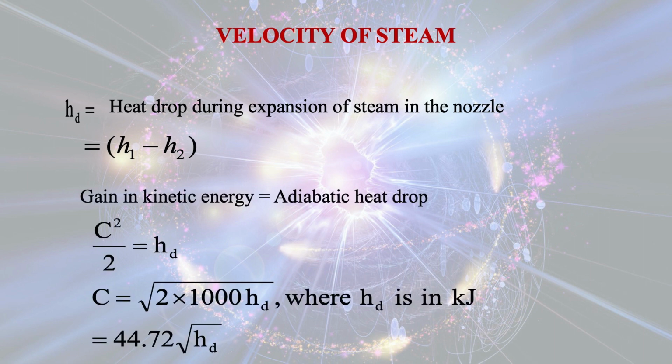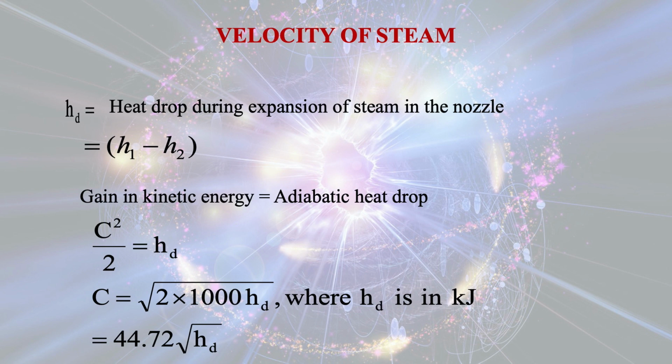So gain in kinetic energy is equal to adiabatic heat drop. For unit mass of steam we can say that the gain in kinetic energy, C square by 2, is equal to HD. So C is equal to under root 2 multiplied by 1000 multiplied by HD, where HD is in kilojoule.